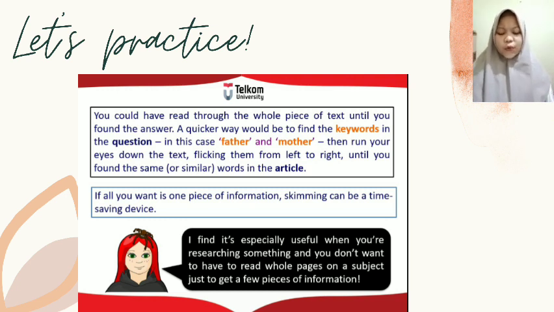And here, we know skim is to read something quickly so that you only note the important points. Scan is to look quickly and not very thoroughly through a text in order to identify relevant information. And keyword is a word of importance.